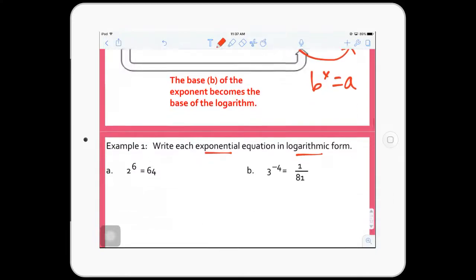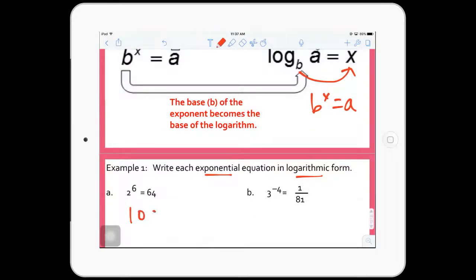We start with the word log. The base stays the base, so here the base is 2, and 6 is the exponent, so the exponent goes onto the right. Just follow the arrow and you know how to write it. So 2 to the 6 equals 64. And that's how you would write this.